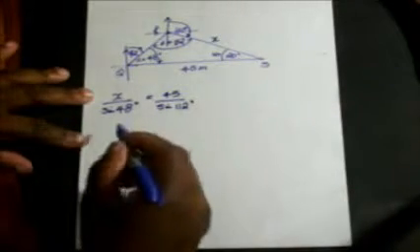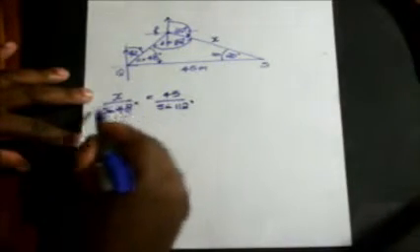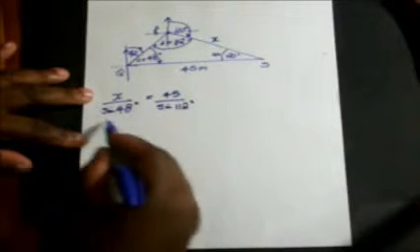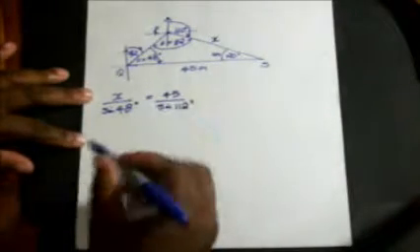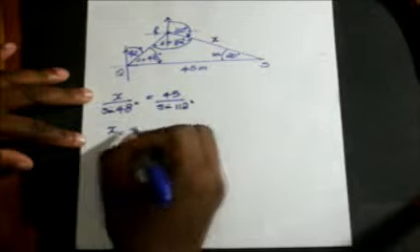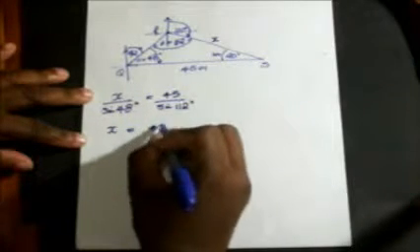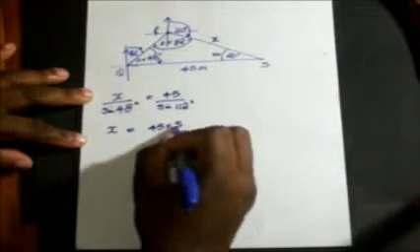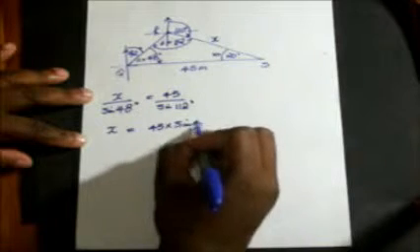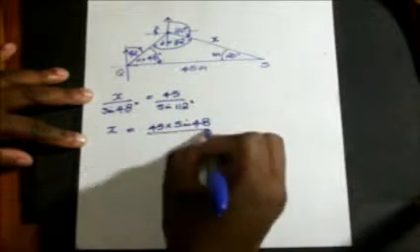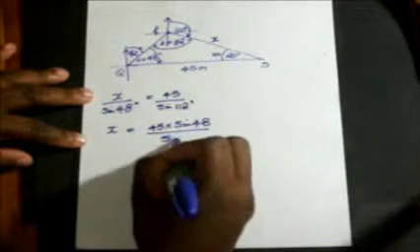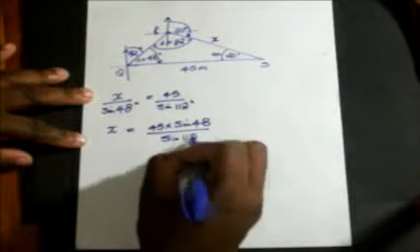I have one fraction equal to one fraction, so I cross multiply. Sine 48 is divided, so it comes over as multiply. X is therefore equal to 45 multiplied by sine 48 divided by sine 112.